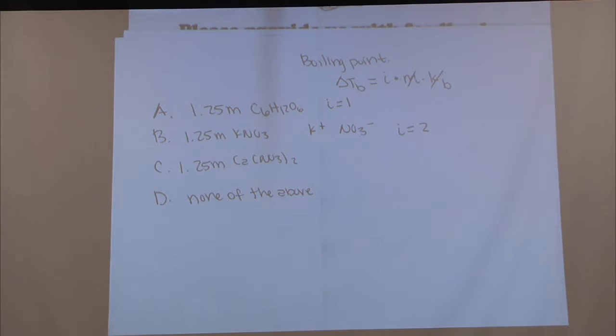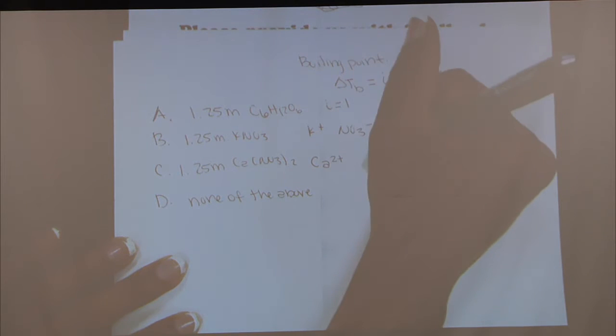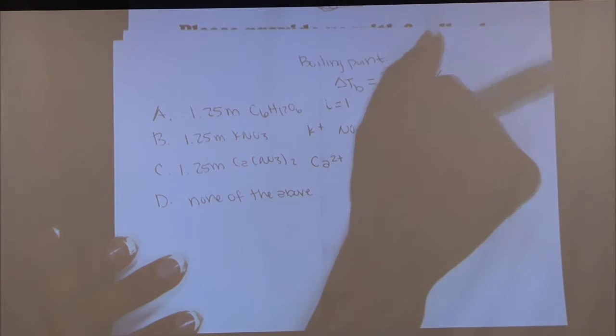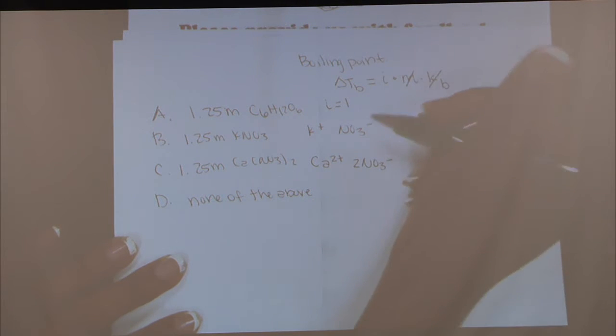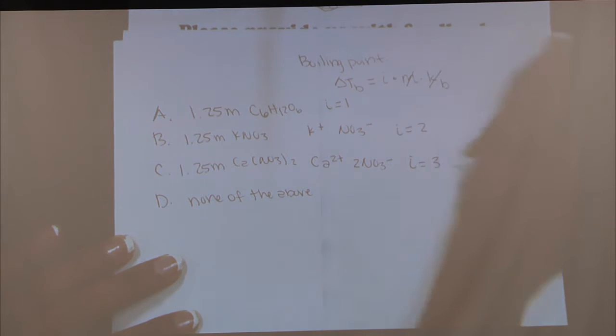And now the last one is calcium nitrate. So we know this breaks into Ca2 plus and NO3 minus. But there's two nitrates, so we're going to put a 2 in front of there. So now it's not just 2, the I is going to be 3.